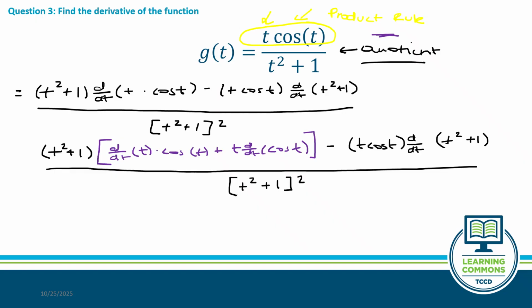Okay, so let's get started. I'm going to bring down t squared plus 1, and now I am working within product rule. So again, square bracket, the derivative of t is just going to be 1. So 1 times cosine t plus, and then t times the derivative of cosine t. Now the derivative of cosine, as you know, should be negative sine, and it is.